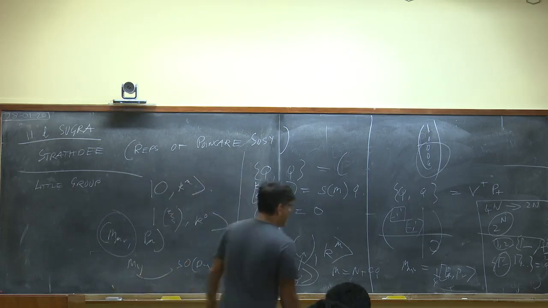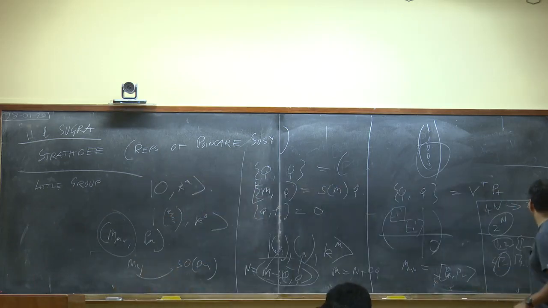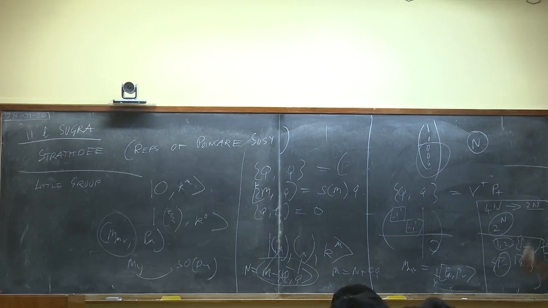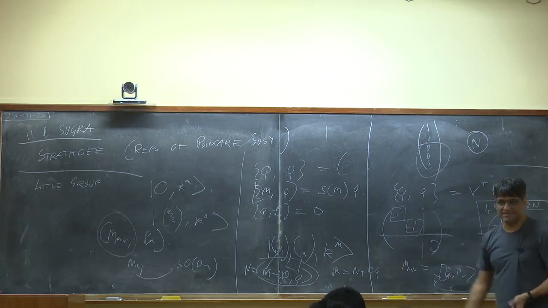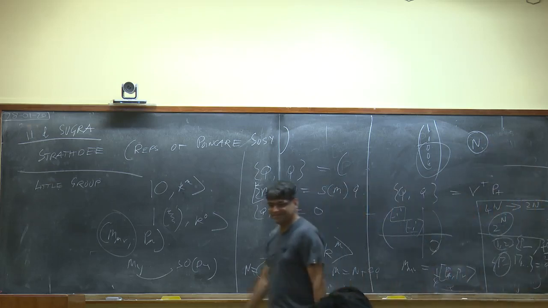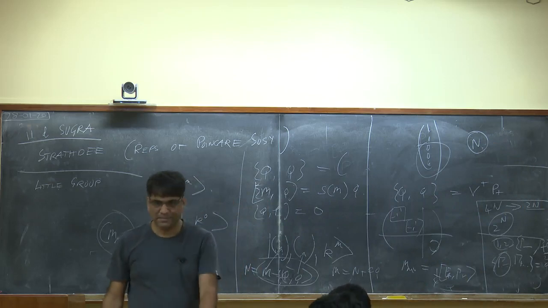Okay? So, what did we have? The total number of creation operators was n, because we had 2n active spinors. We broke them up into annihilation and creation, and there were n creation operators.